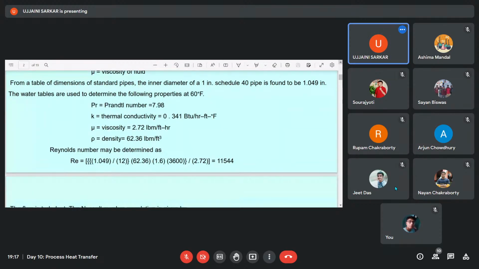Rho is 62.36 pound mass per feet cube. And mu is 2.72 pound mass per feet hour. So that you have to convert into second. So velocity you convert into per second.